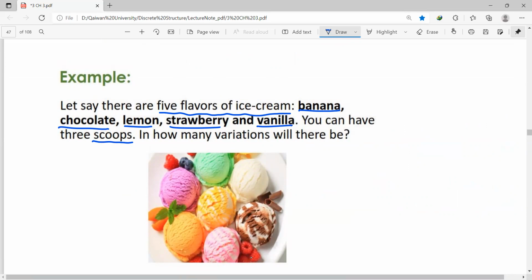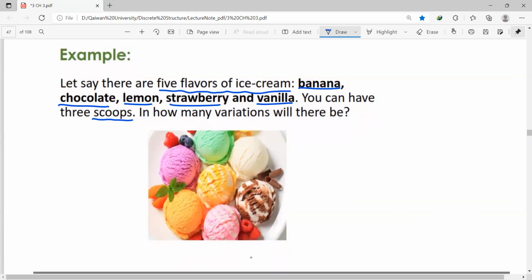It's possible if all three scoops are from one type of ice cream. And it's possible if 2 of them are from one type and the other one from another type. And it's also possible if you take each scoop from a different type of ice cream. That means here repetition is allowed.